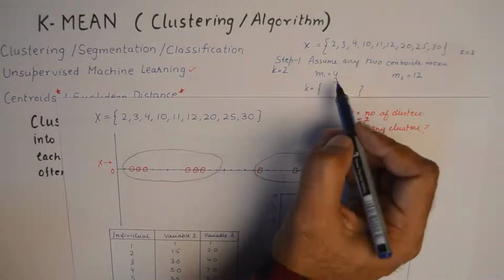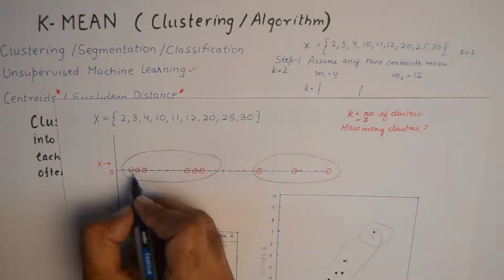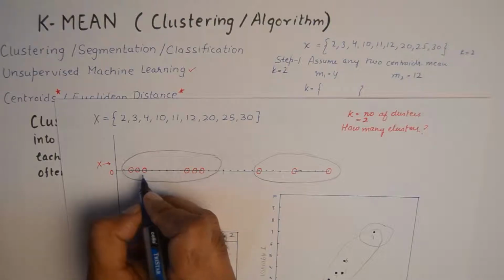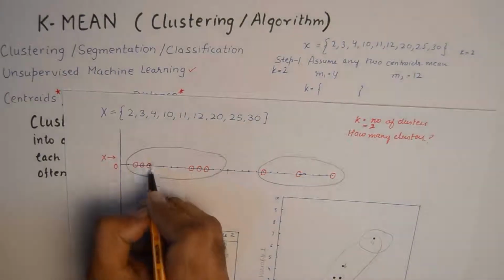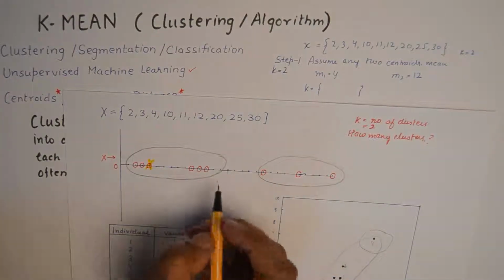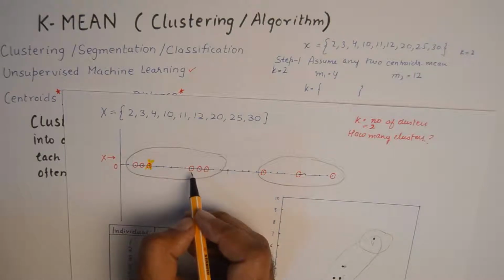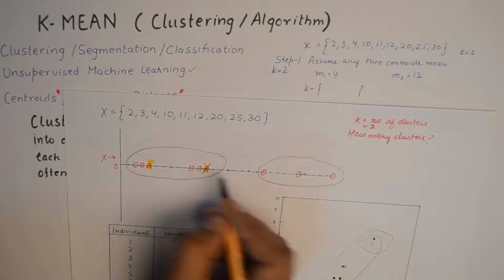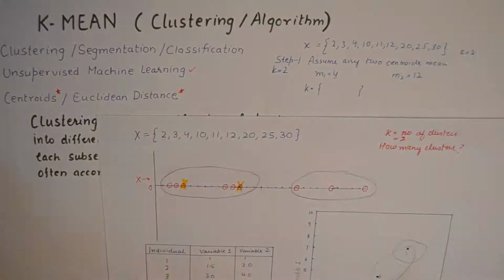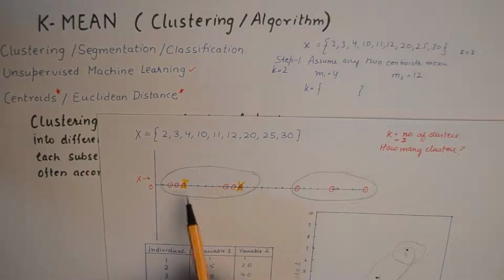So I've assumed the first centroid to be here on 4. I'll mark it using a different color. So let us say my first centroid is here and my second centroid is 12. So 10, 11, 12. So this is my second centroid. Now one cluster will belong to centroid 1 and the other cluster will belong to centroid 2.